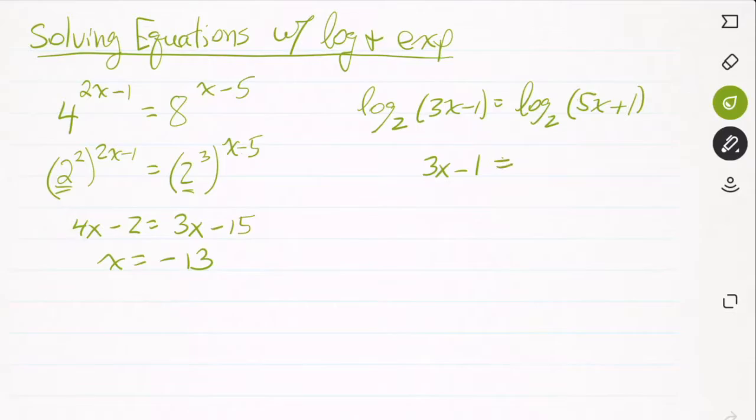So the domain 3x minus 1 has to equal the domain of the other side, 5x plus 1, and we can solve. So those are relatively simplistic types of examples.